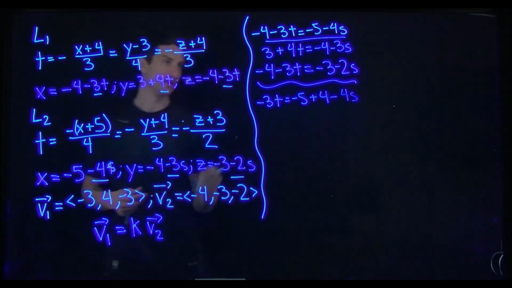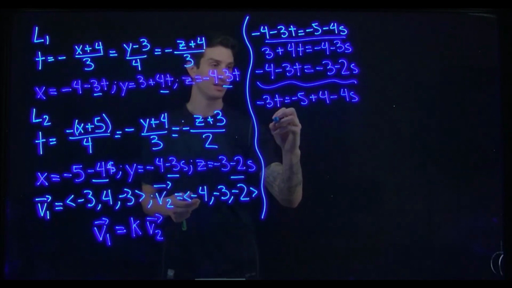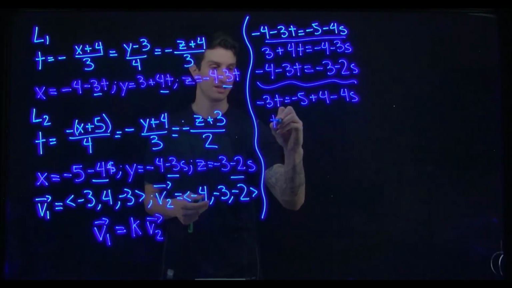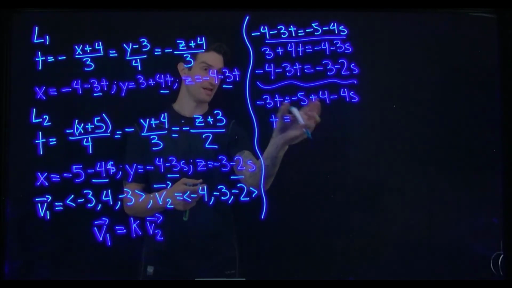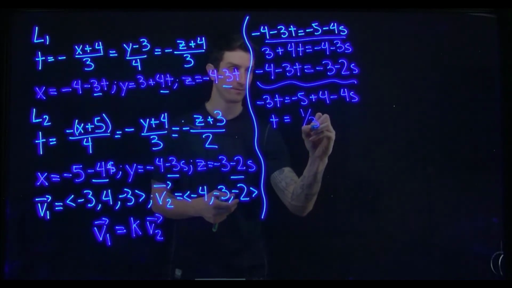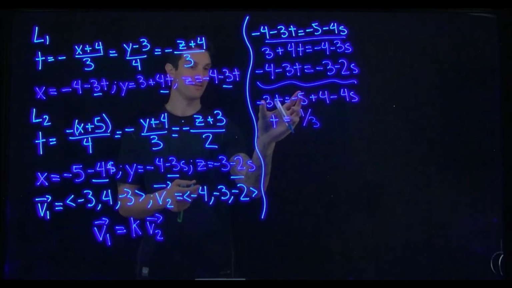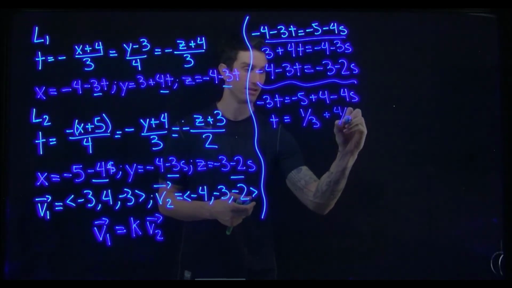Of course we can do that addition, negative 5 plus 4 is negative 1, and divide by negative 3. So we have t is equal to negative 5 plus 4, negative 1 divided by negative 3, we have 1/3. And then negative 4s divided by negative 3, plus 4/3 s.